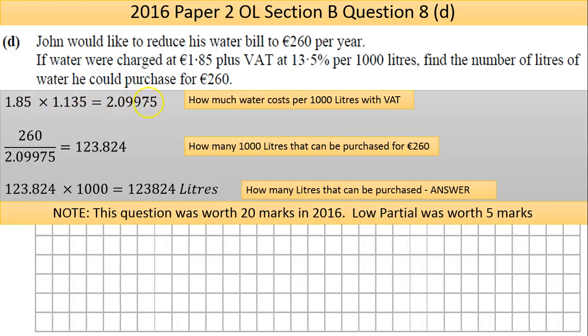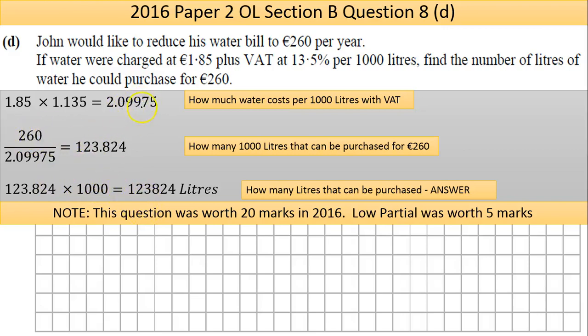Now a lot of students round it here, and they've got a penalty for early rounding, because if you round that to 2.1, you're missing the 0.0035, or 35, whatever, they're missing that difference on the figure, which is going to have an effect on the final answer.